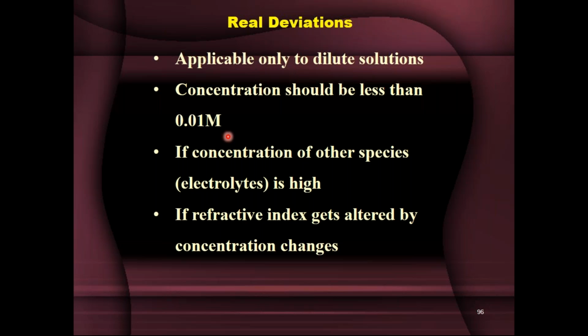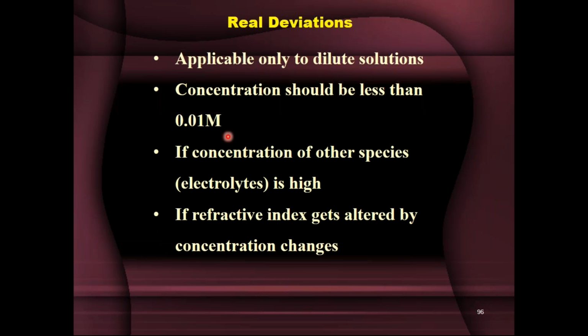Now, what happens if the concentration is greater than 0.01 molar? That we should try and understand. So we'll know why the concentration should be less than 0.01 molar. So when you go for higher concentrations, the average distance between the particles in solution, because you're having the same container, same volume of solution, but the concentration is greater.